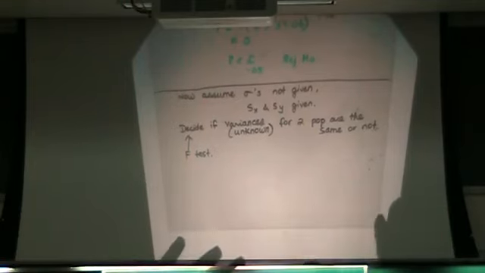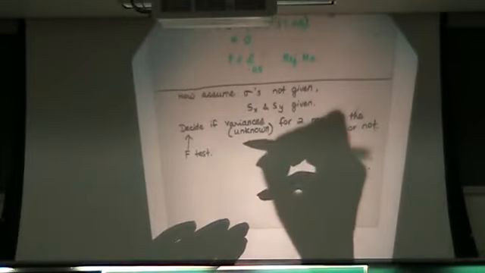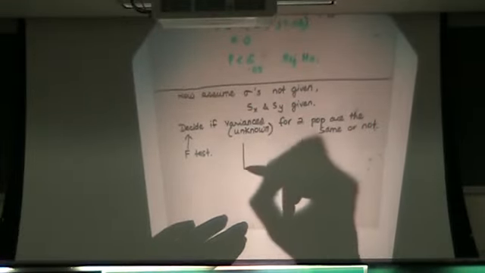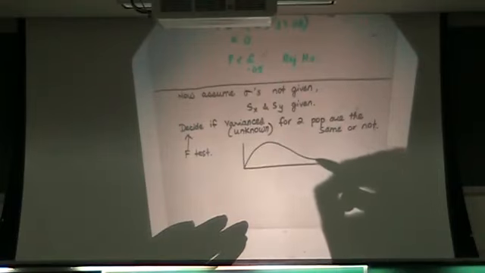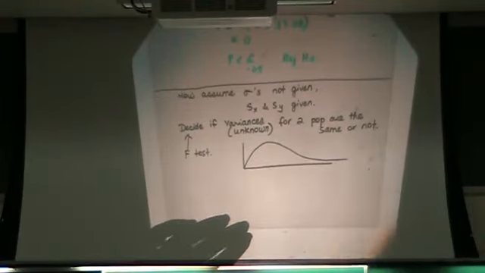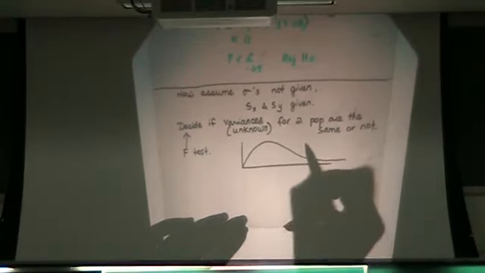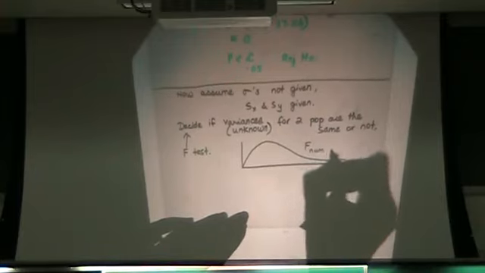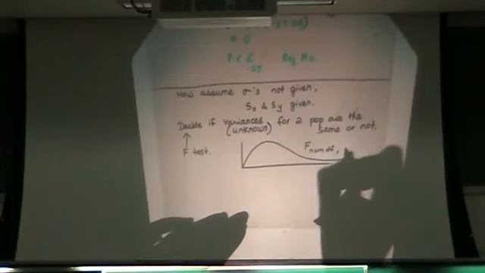So this F distribution is an asymmetric distribution. Looks something like this. And it's based on two items: the numerator degrees of freedom, comma, the denominator degrees of freedom.